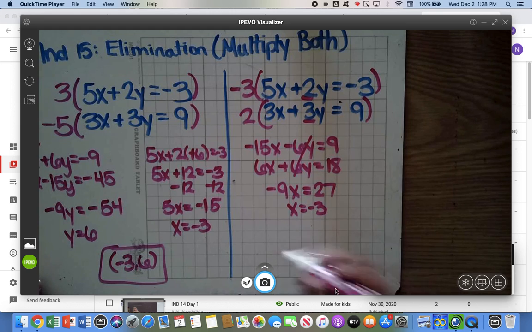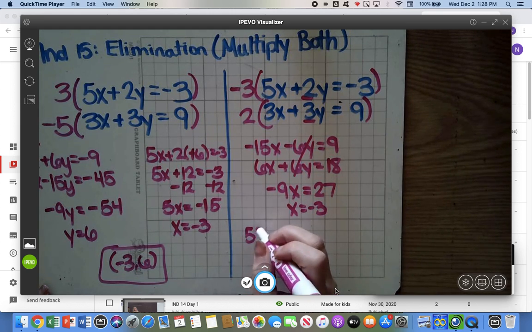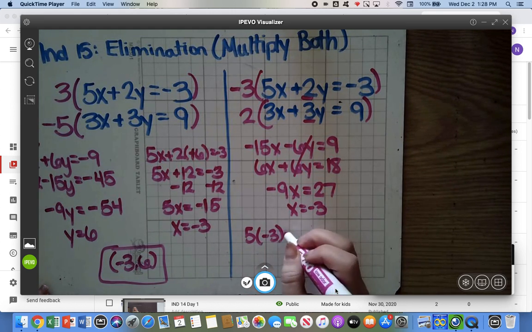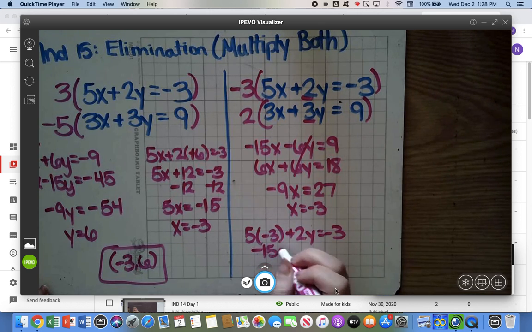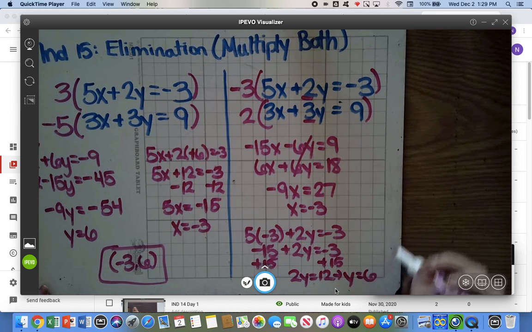And then to plug it in, I'm going to plug it into the top. Add my 15 over. And I get 6.